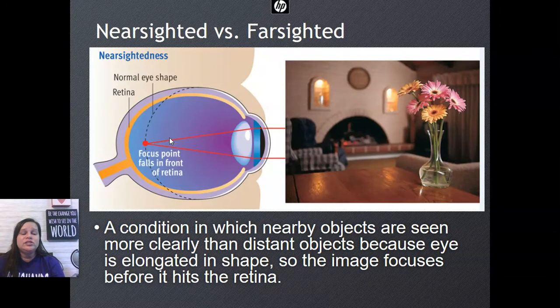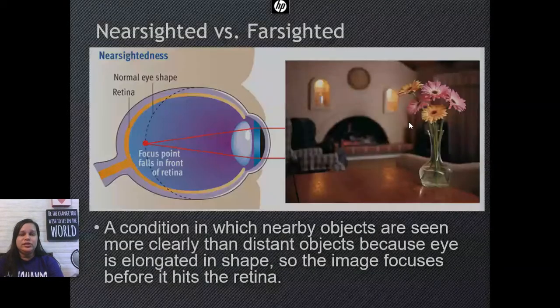People who are nearsighted have an elongated eyeball, and that causes the focus point to fall in front of the retina rather than directly on the retina. So this causes them to see faraway objects as blurry. If you're nearsighted, that means you can see near things. Things up close, you can see. Things far away, those are the things you're going to be squinting to see.